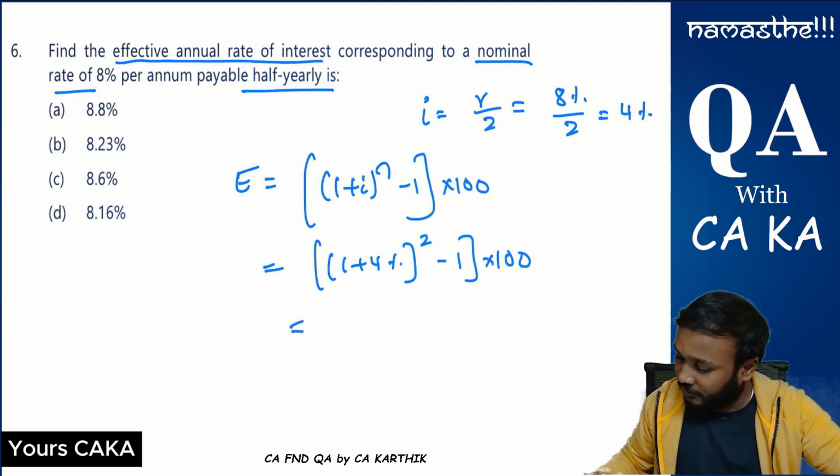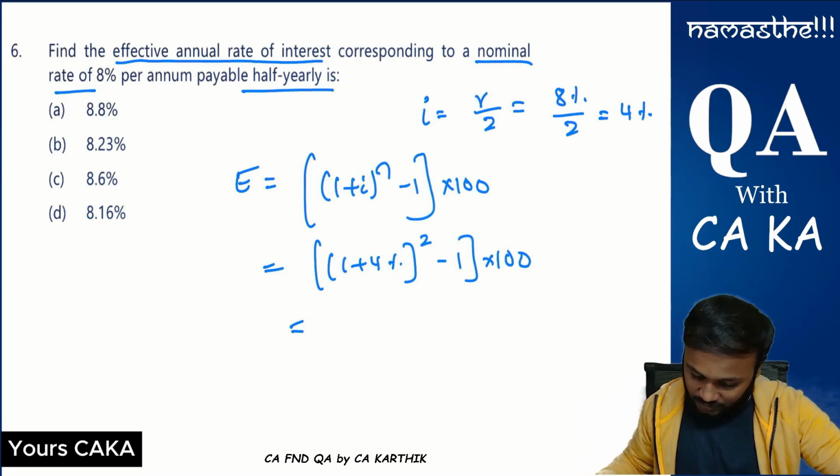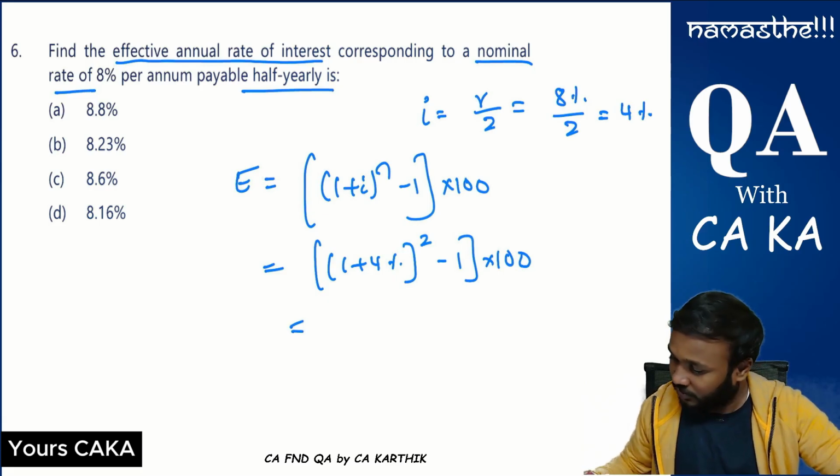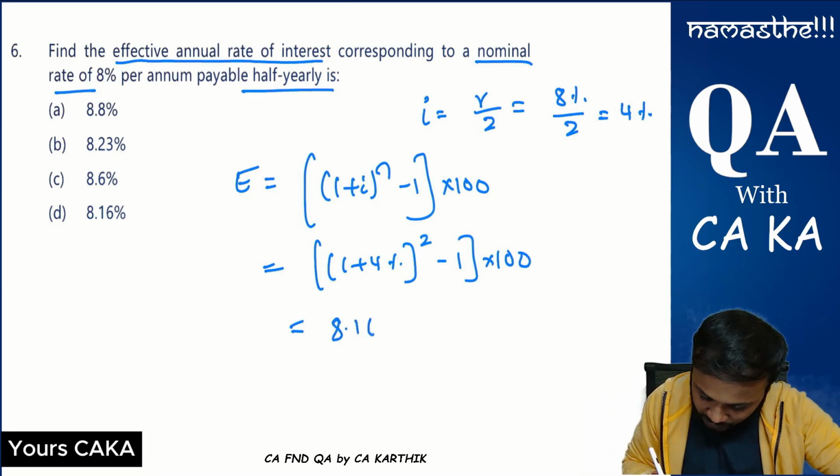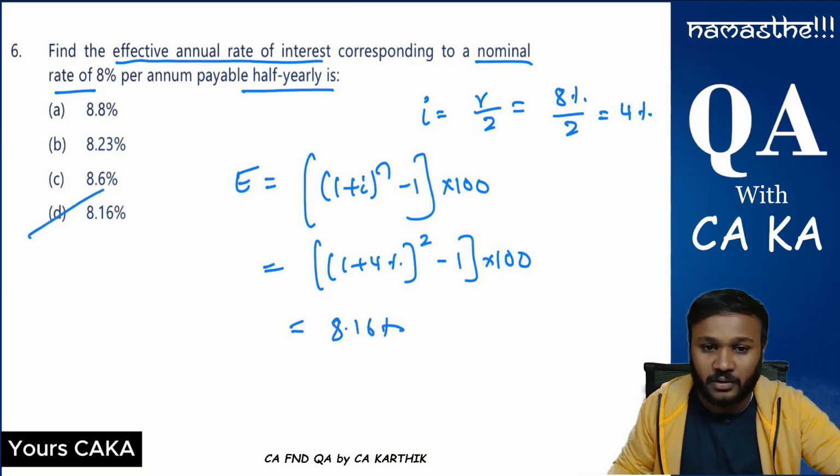Doing it on the calculator, 1 plus 4%, then equal to, minus 1, into 100. Straight away I got 8.16%. Option D is your right answer.